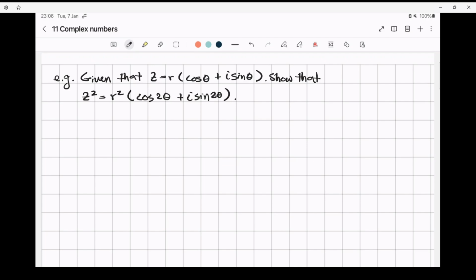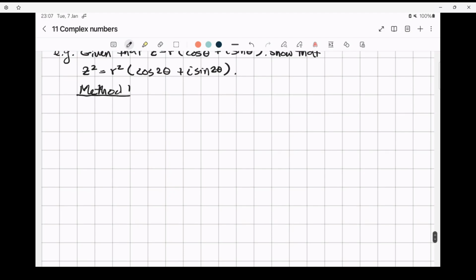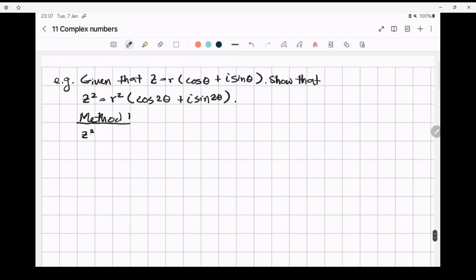So essentially there are two ways of showing it. So I'm doing both ways, and let's denote this as the first method. The second method is very useful to generalize it later on. So you will see. So the first method, just take what is given. Basically you square r times cos theta plus i sine theta.